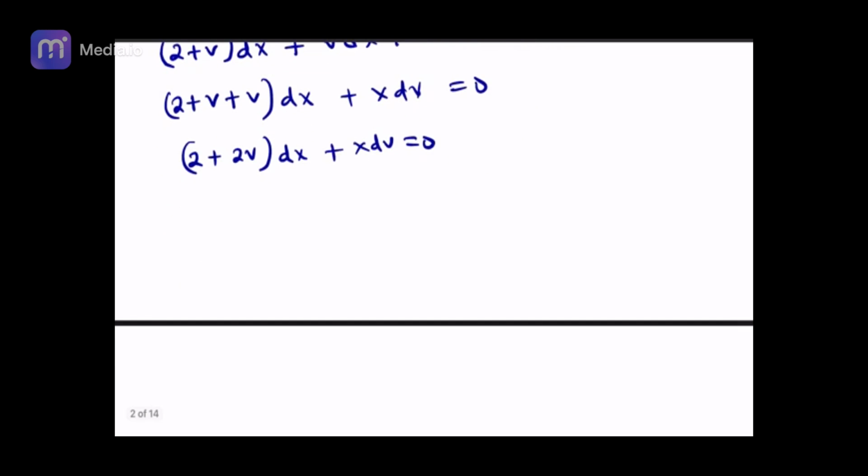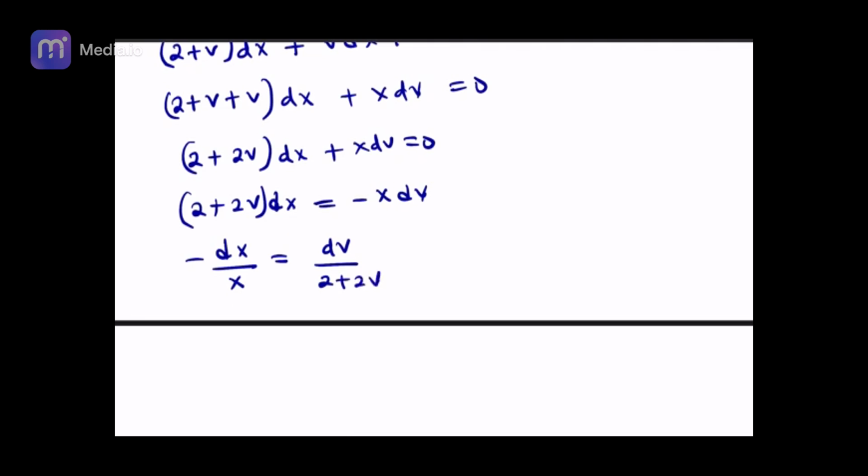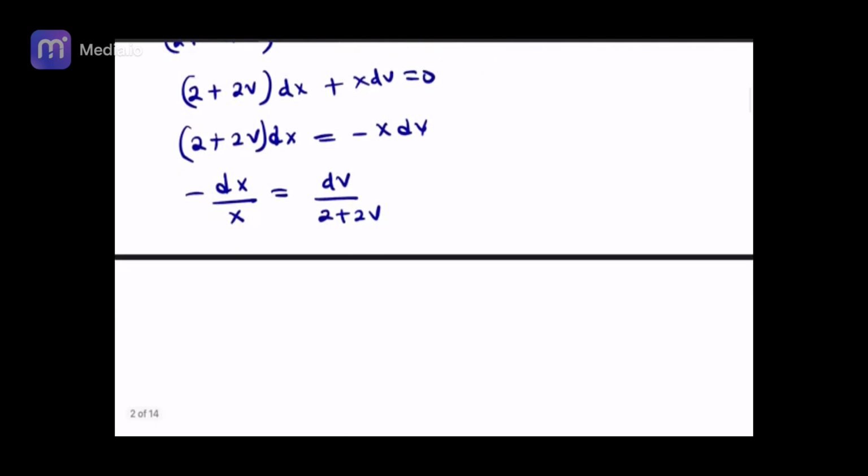To separate these variables, I can simply have (2 + 2v)dx = −x dv, so that −dx/x = dv/(2 + 2v). The variables have been separated.